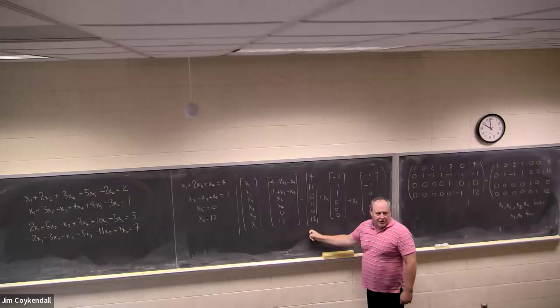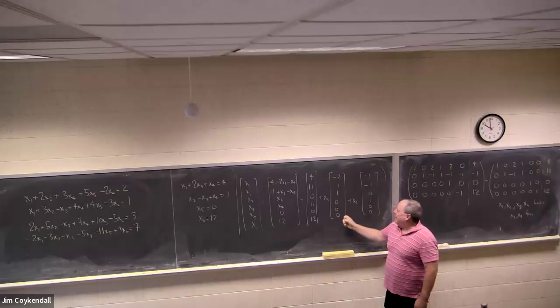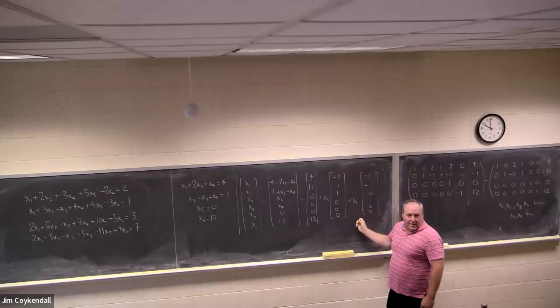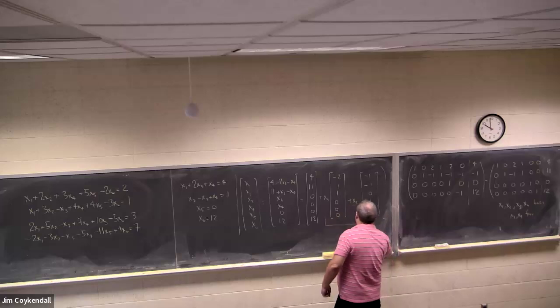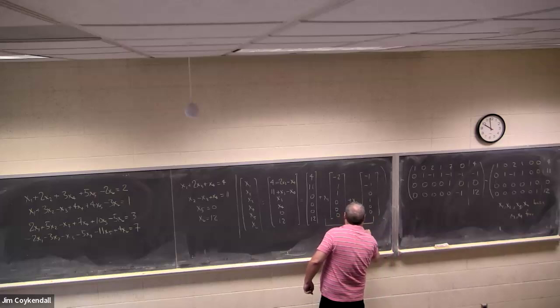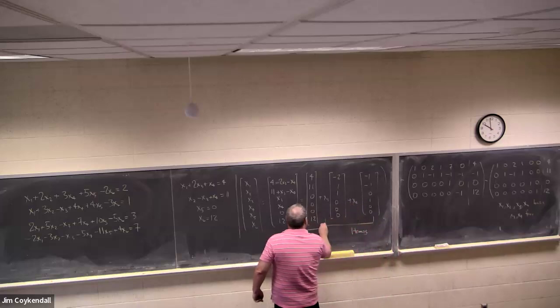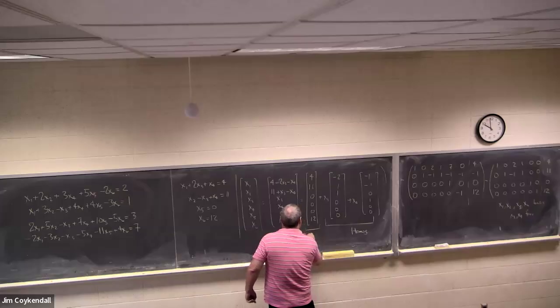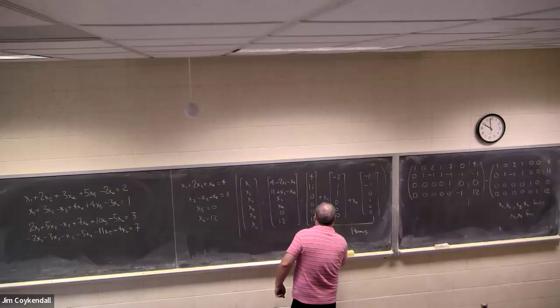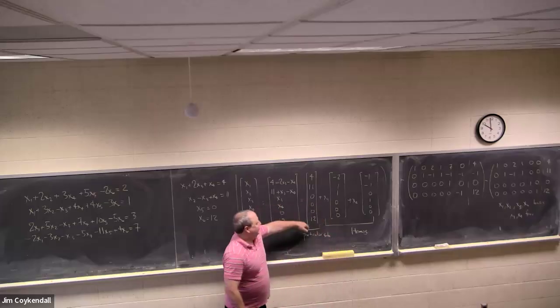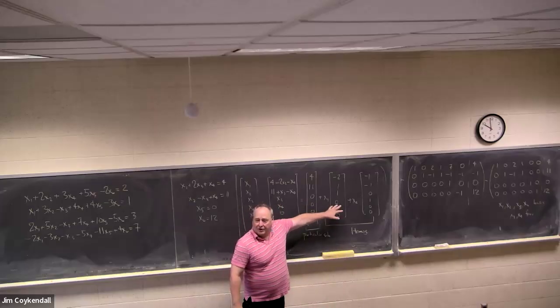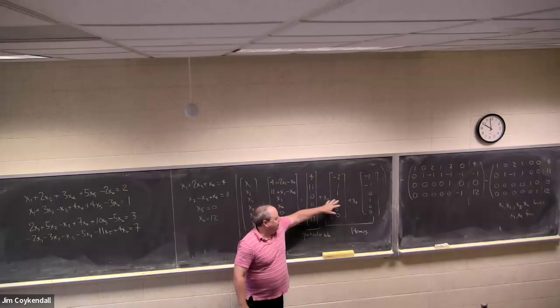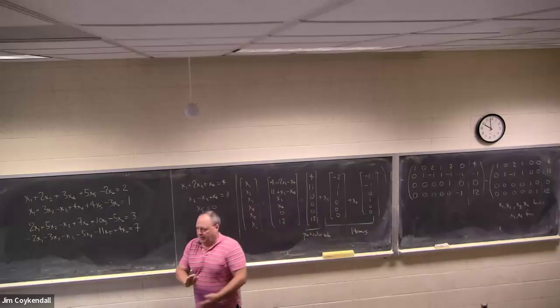This is a particular solution, and these over here, this is the solution to the homogeneous. So this solves a system that's the homogeneous, and every solution is this thing plus some combination of those.